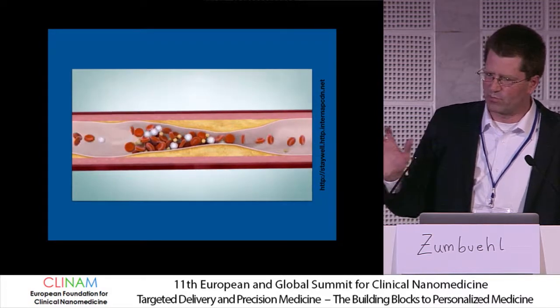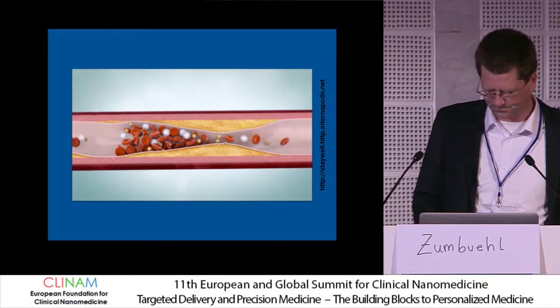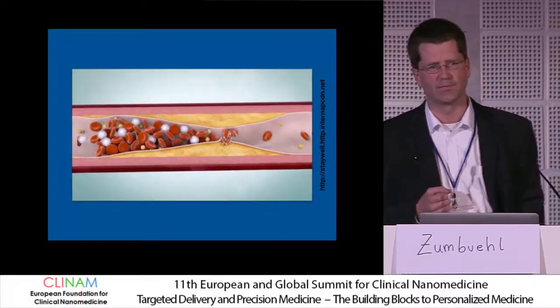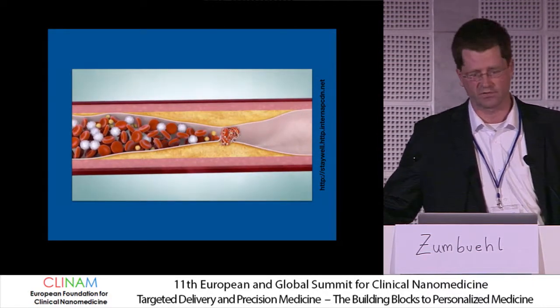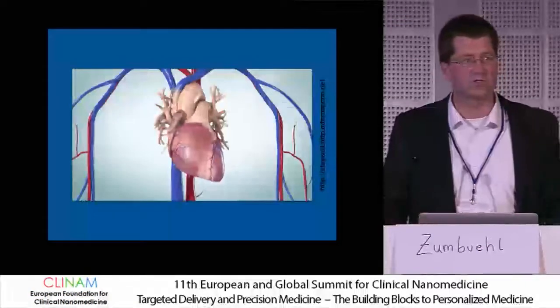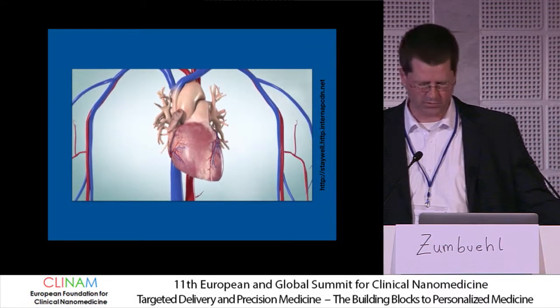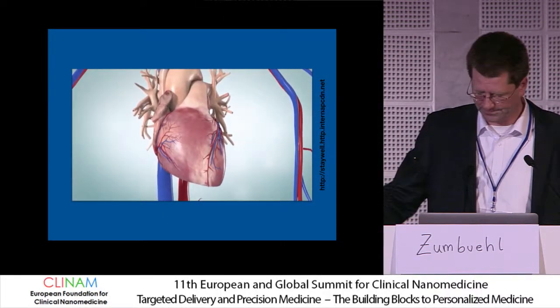You have to squeeze a lot of blood through a narrow artery, and there's a chance here. Obviously, when you have a lesion here, the artery is blocked, and then the rest of the heart is not perfused with oxygen anymore, and this causes necrosis. And the necrosed tissue will never grow back.